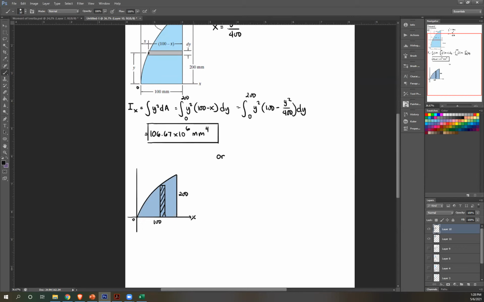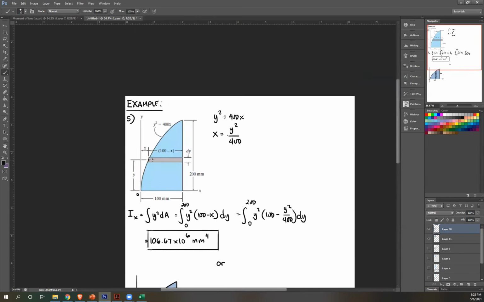Meaning, for example here, no matter where I take my point, recall this is a very thin strip. All of these portions are the same distance from the x-axis. So that's why I can just take it as a whole.